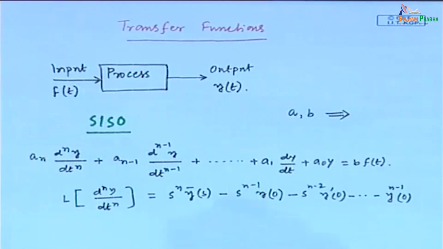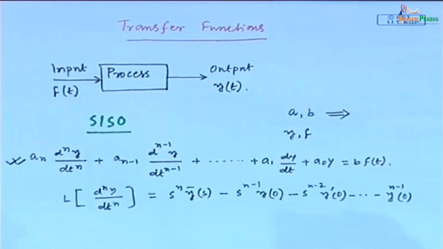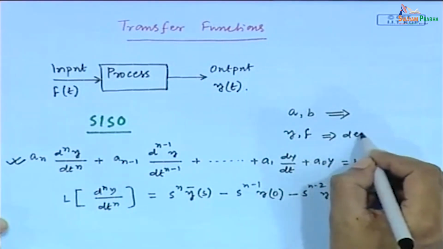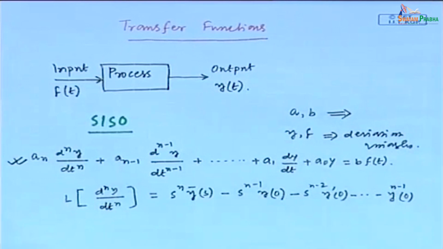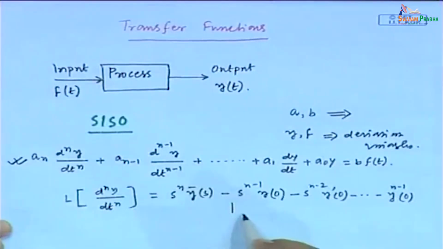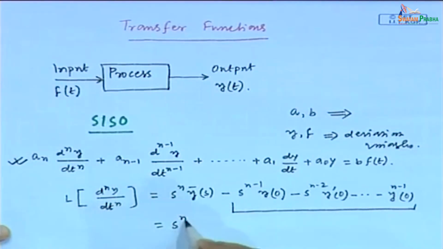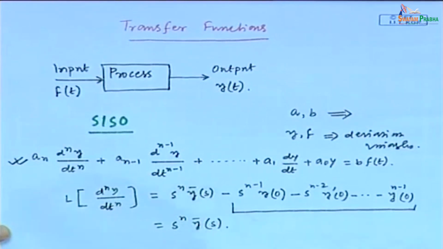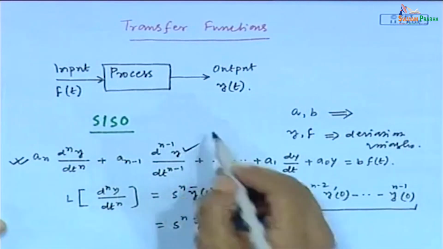Now, if we consider in this process model, y and f both are deviation variables. If that is the case, if y is the deviation variable, then definitely all these initial condition terms become 0, fine. So, we can write this as s^n y bar(s). Similarly, we can consider another derivative.